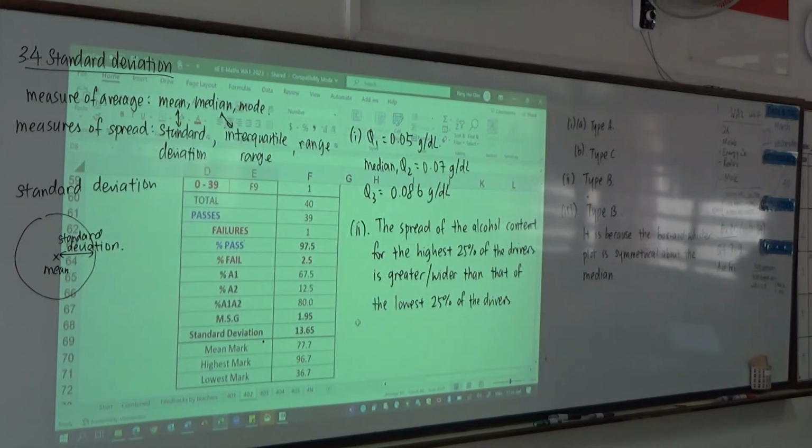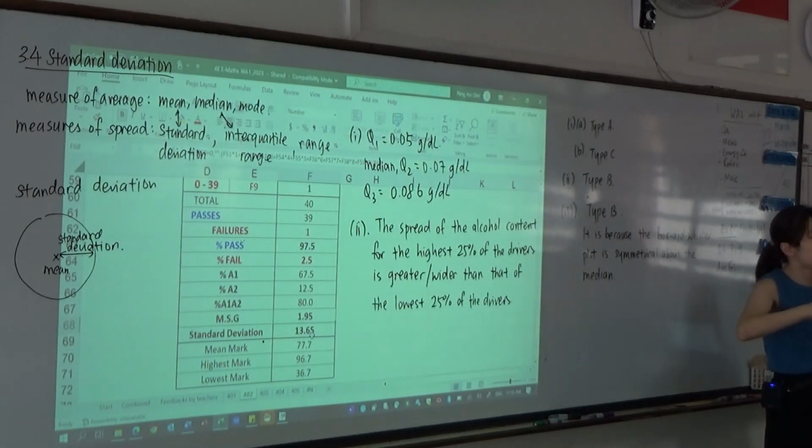Okay. So for example, standard deviation being 13.65. Okay, and then the mean is 1.95. So that's great now. Okay, so standard deviation is plus minus value from your mean itself. Alright, so we look at everybody's data value, and then after that we calculate that the standard deviation is this. Okay, so that means we have people that could be very far away from the mean value itself.